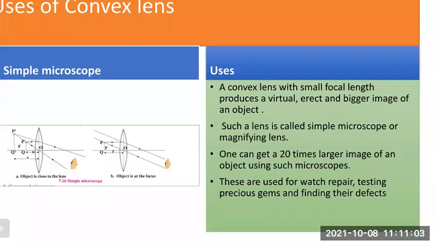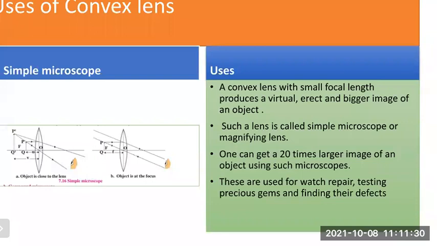So such a lens is called a simple microscope or the magnifying lens. Okay, what do we call such a lens? Such a lens is called the simple microscope or magnifying lens. Got it? So one can get a 20 times larger image of an object using such a microscope.